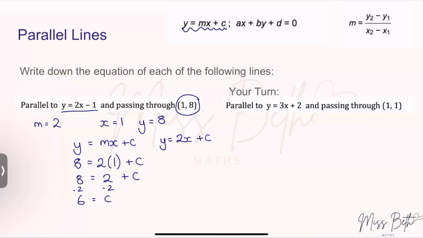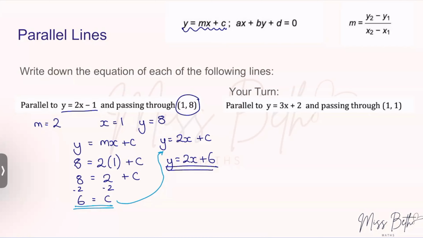Okay, once you've found your c value, you can just plug that into your equation. So we have y is equal to 2x plus 6. Okay, and that would be your equation of the parallel line to y equals 2x minus 1 at the point 1, 8.